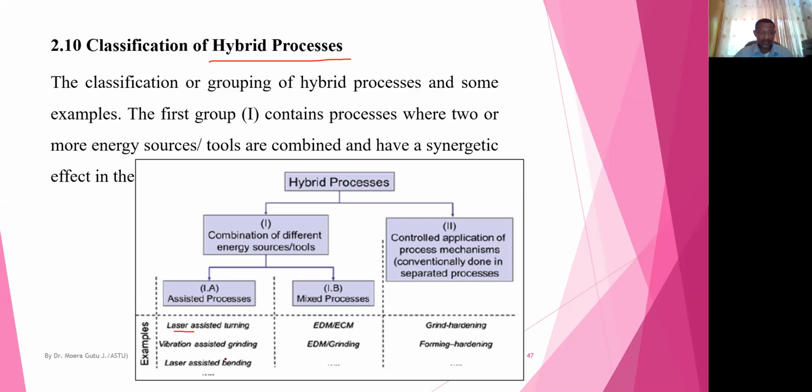The other one is vibration assisted grinding. We can use vibration technologies in addition to grinding of the workpiece materials. Laser assisted forming or bending is also in the first category of assisted processes in hybrid technologies. The second one is mixed processes.